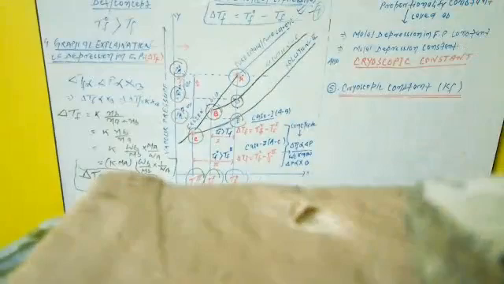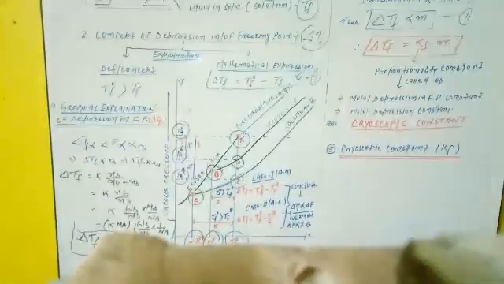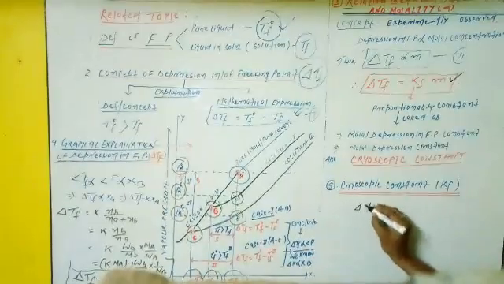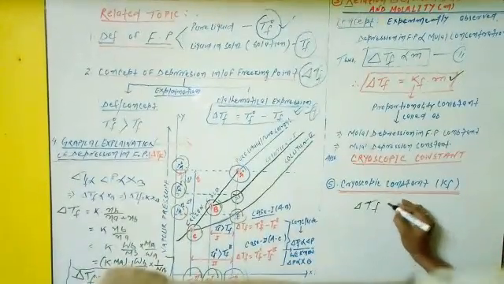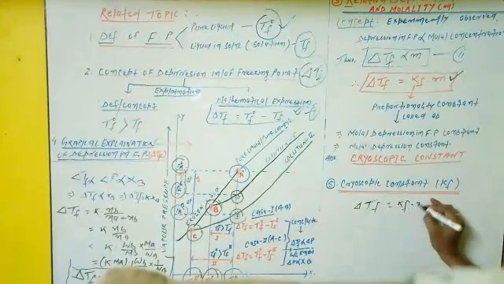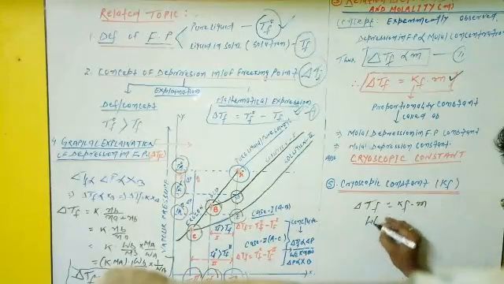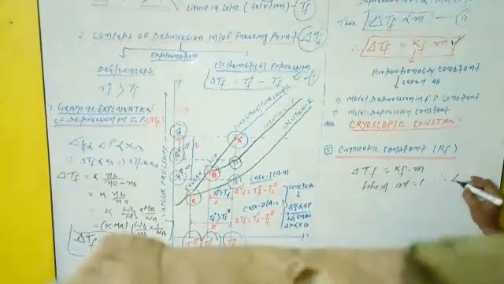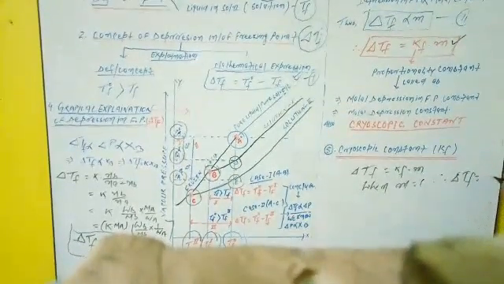Again, the next topic is cryoscopic constant. What? Cryoscopic constant. It is simple, like the ebullioscopic constant. You see here from the relation we have delta TF equal to Kf into m, but when m equals 1, then delta TF equal to Kf.